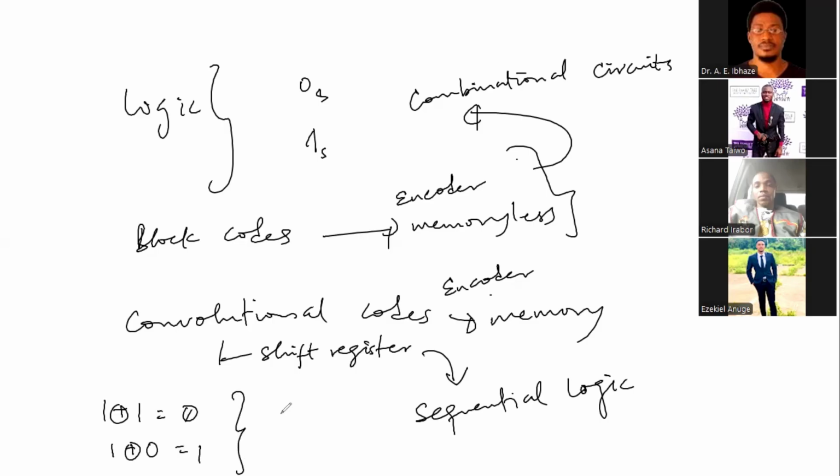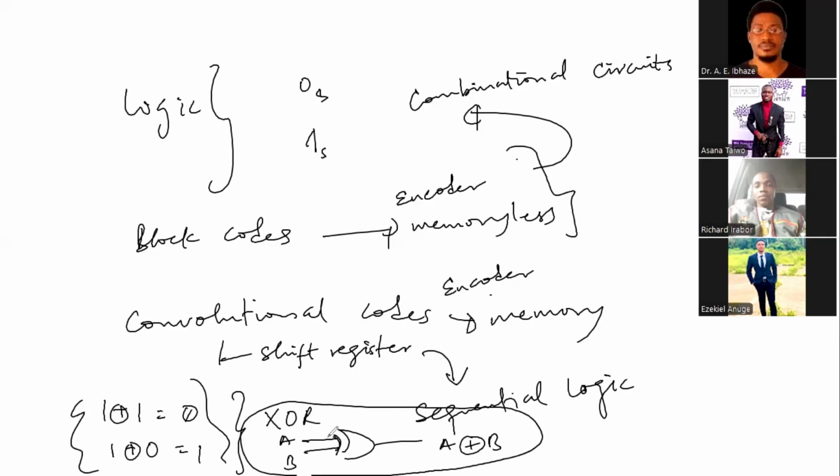What I'm actually using is an exclusive OR gate to perform this operation, where the inputs are A and B, and the output is A exclusive OR B. So if I have to implement the hardware that will perform this operation, then I'll have to come up with my exclusive OR gate, which is a combinational circuit, right? Does that make sense?